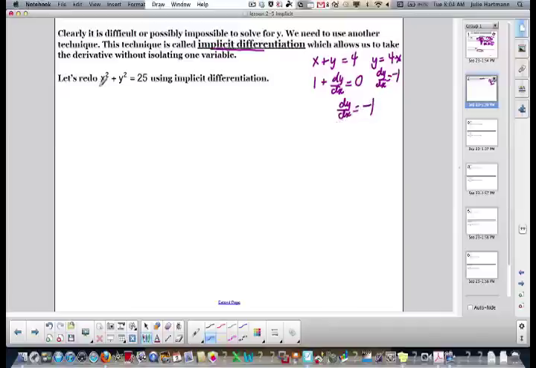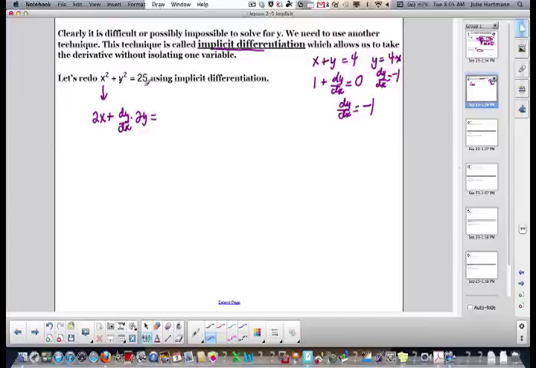So when we do implicit differentiation on x squared plus y squared equals 25, you do your derivative of x just normal, that's 2x. Do your derivative of y using the same rules, except whenever you do the derivative of y, you have dy/dx. That's kind of a chain rule: the derivative of y is dy/dx times the derivative of the outside, that's your 2y.